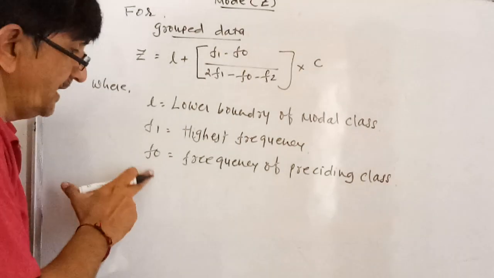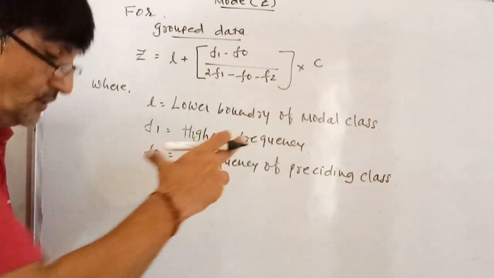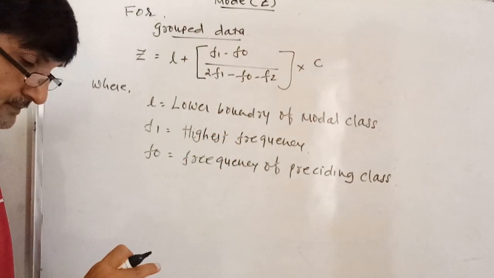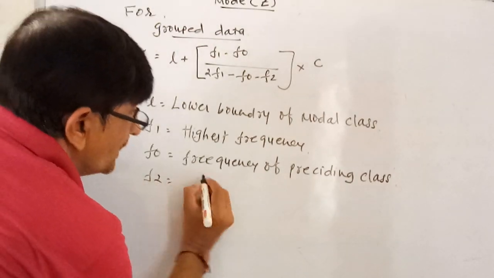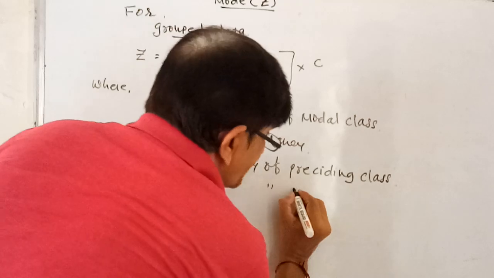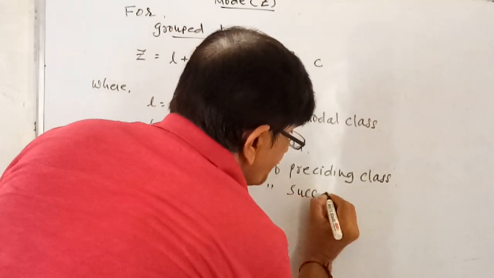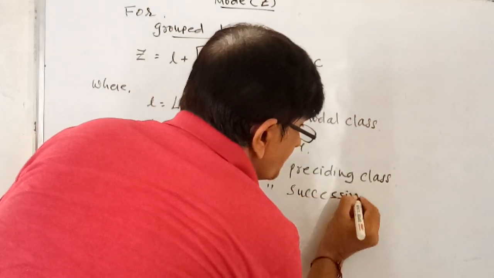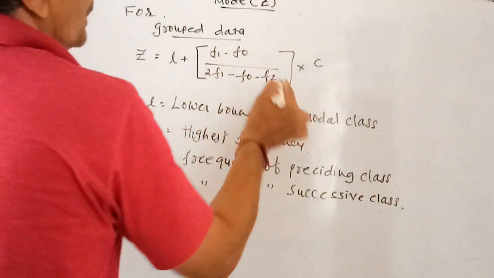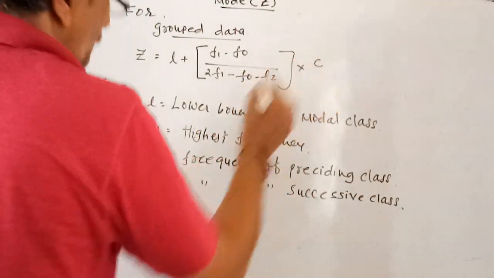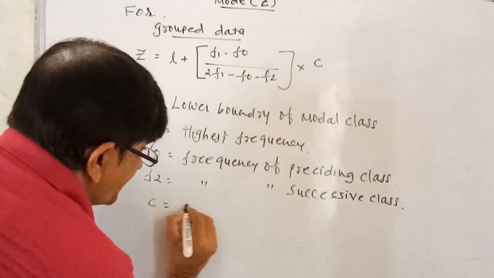F0 is a frequency of a preceding class. F2 is a frequency of successive class. Okay. So this bracket is over and C is a class length.